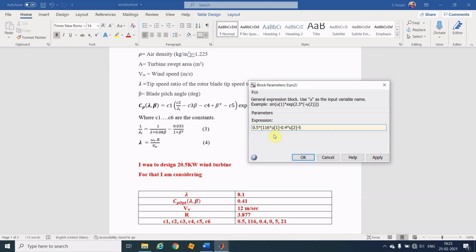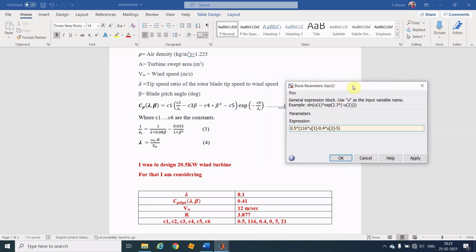Okay, close the bracket. Then we have to take exponential exp, okay, minus c6. c6 is 21 star 1 by lambda I. Okay, star 1 by lambda I, and 1 by lambda I is nothing but u1.